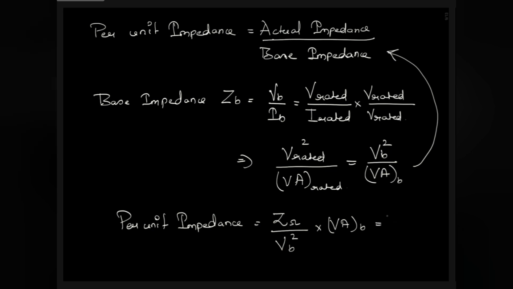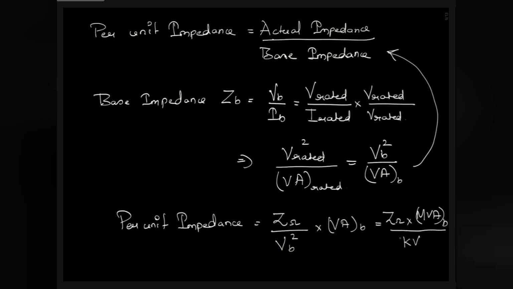See, we can write this equation as Z ohm into MVA base divided by kV base square. Okay, so why am I using MVA here?